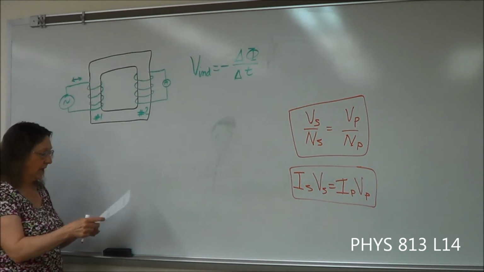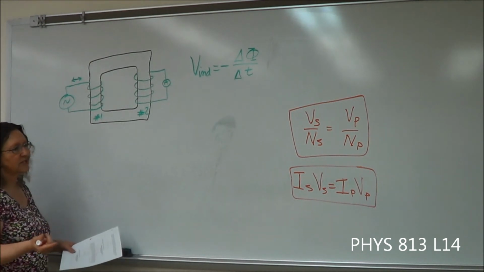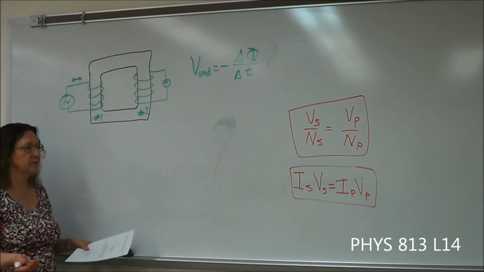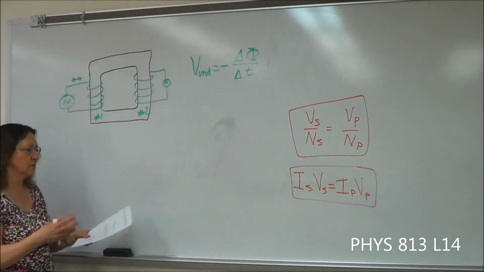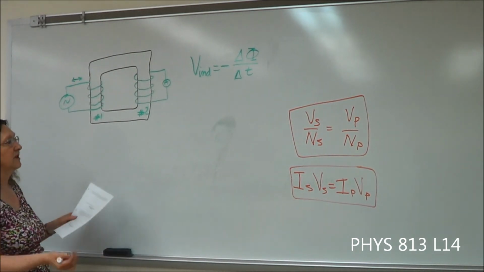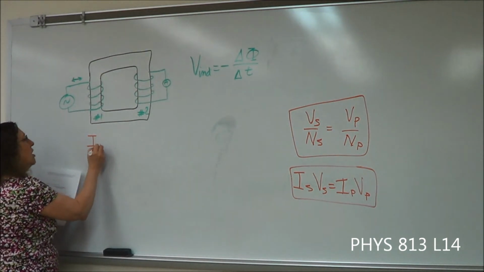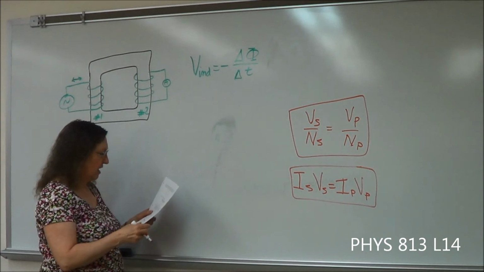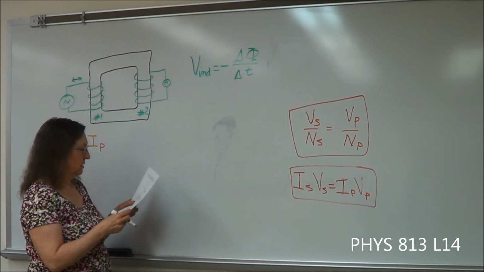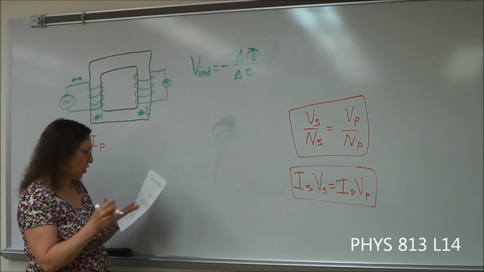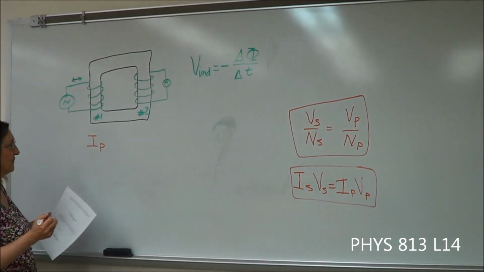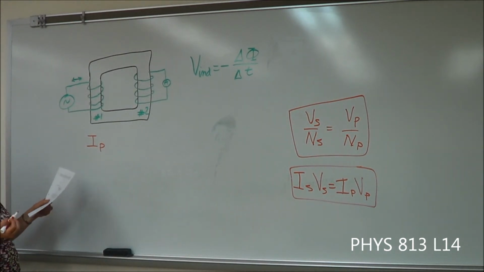Then I'm going to erase this and we'll figure out our last equation, and that's going to be all I'm going to talk about. The rest of it has to do with step up and step down transformers, and it explains what those are and asks you some questions which you should be able to figure out pretty easily. So if I want an equation in terms of current and the number of turns, I can do a couple of different things.